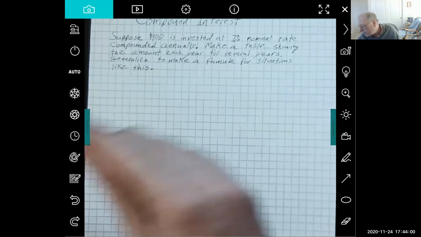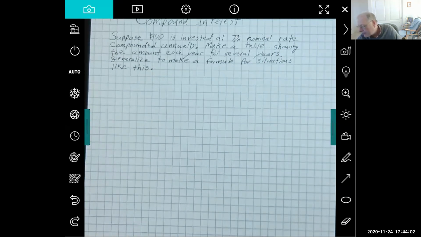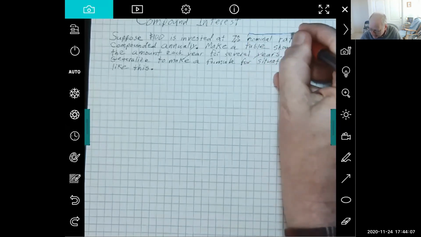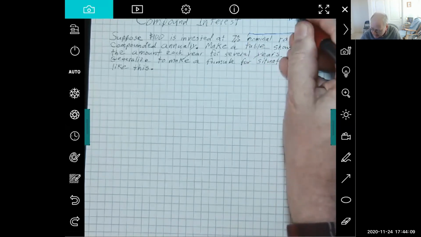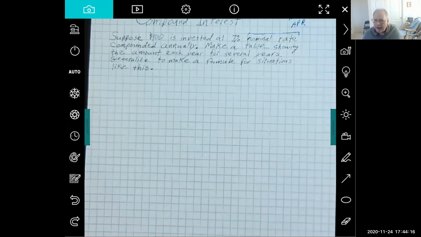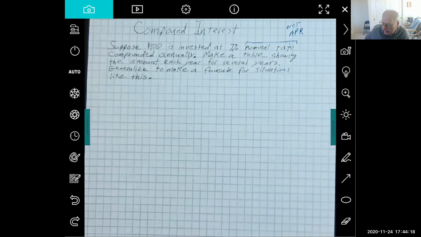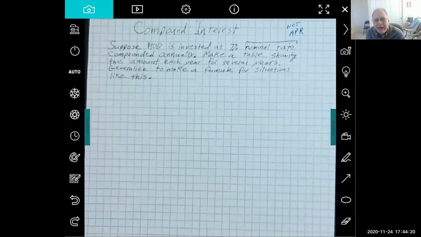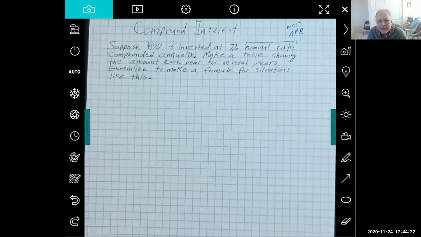The thing to notice is that that's not APR. You hear about APR financing, like the annual percentage rate, and that's a slightly different thing from nominal rate.